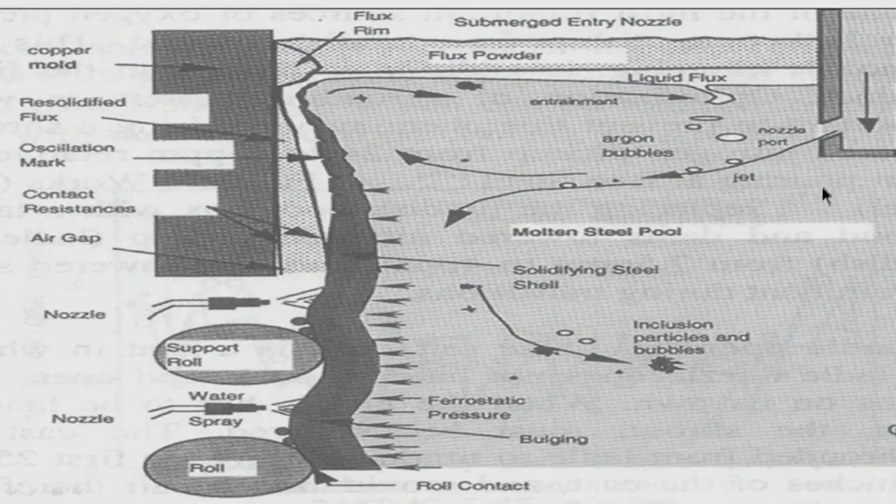Because there is some aluminum in steel, if there is ingress of air, alumina will form, and this will cause clogging of this port. If the clogging is too much, maybe the casting has to be interrupted, because no liquid steel will come out from the port. So, what happens? The casting has to be aborted. So, clogging has to be controlled by whatever means available to us.